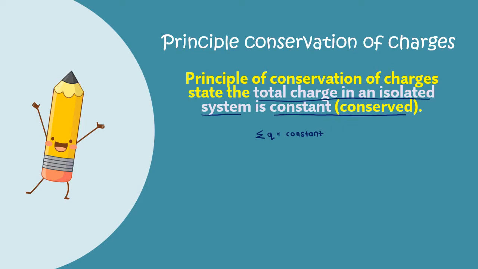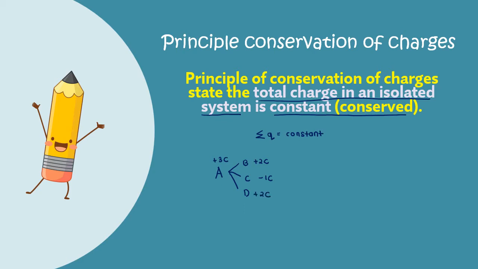Let's say we are doing an experiment which has particle A with positive 3 coulomb, and this particle decays to 3 particles, which are B, C, and D. Particle B is produced with positive 2 coulomb, particle C with negative 1 coulomb, and particle D with positive 2 coulomb.